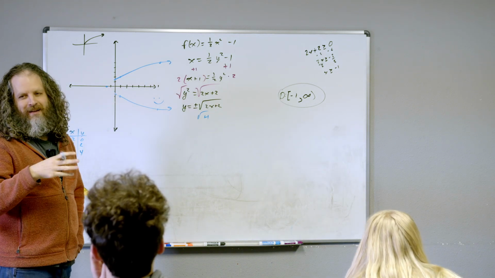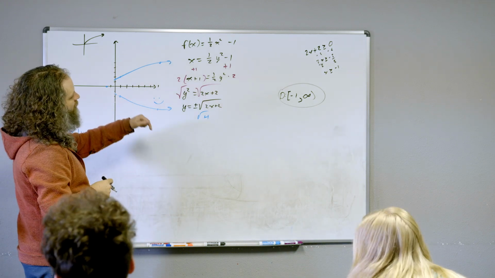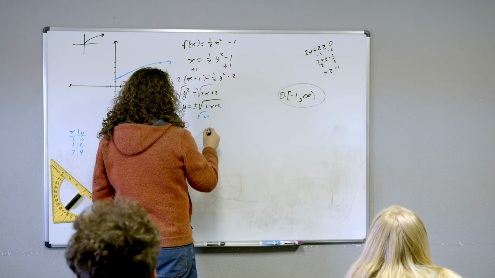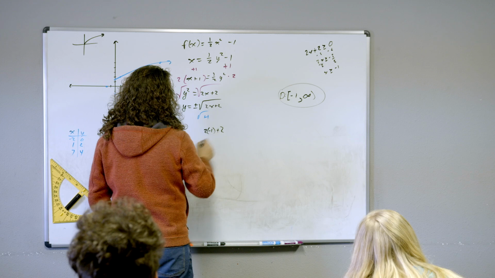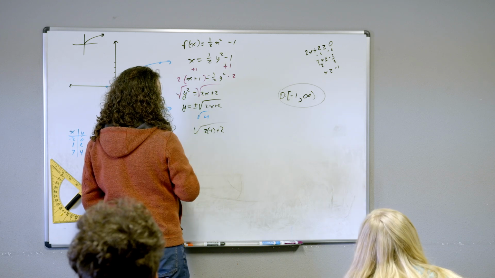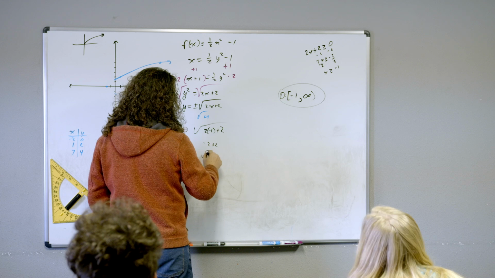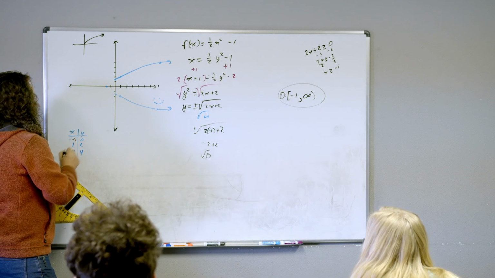It does, but you don't even have to know that. If I put a negative 1 in here, what's 2 times negative 1? Negative 2. What's the square root of 0? 0. Actually, it's right there, right?